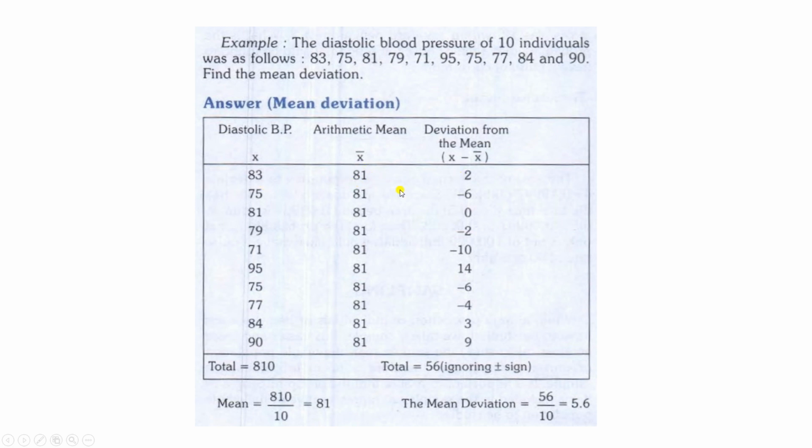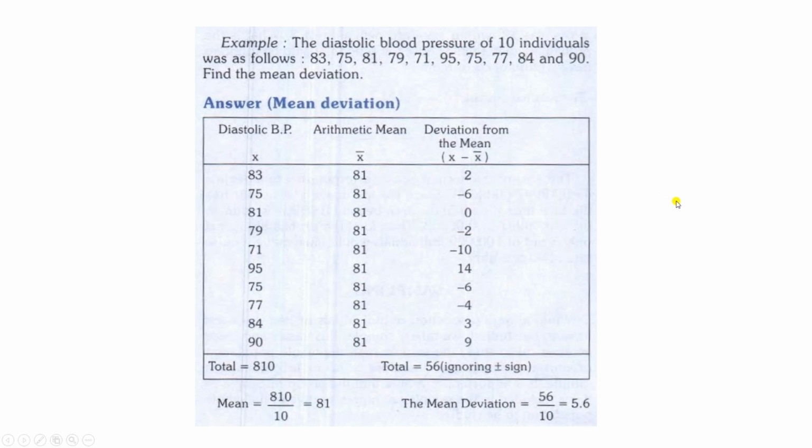It can be plus sign or minus sign depending on which side it is, but while adding these differences or deviations, we must ignore the signs. Whatever is the added up value, we shall divide it by the number of observations we have, and that will give us our mean deviation.